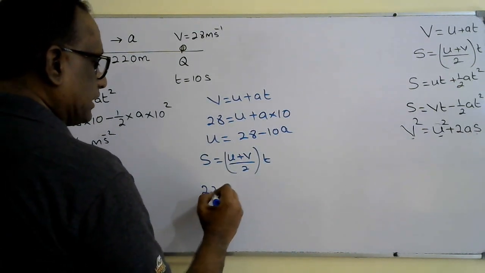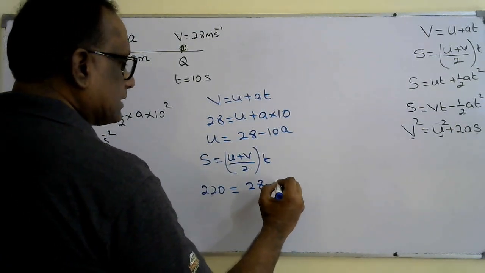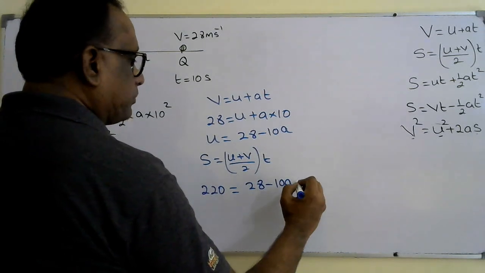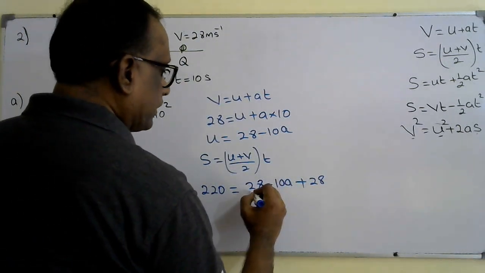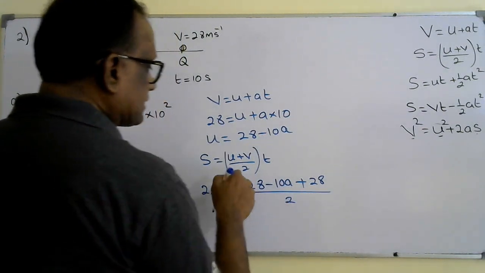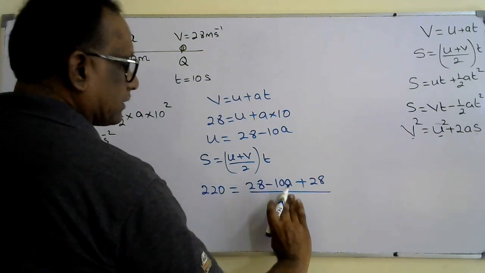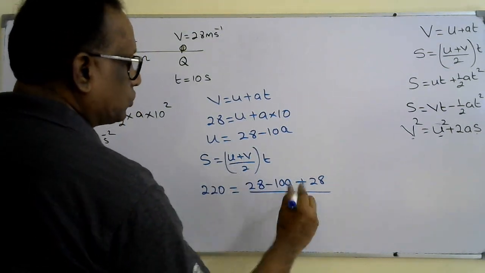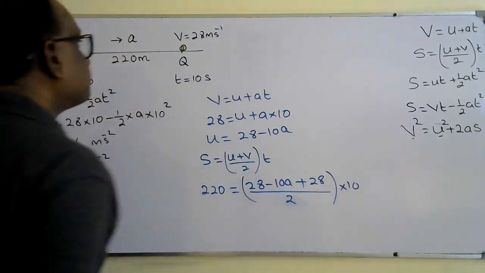As we know, 220 equals, instead of u substitute 28 minus 10a, plus v, which is 28, over 2, into t, where t is 10.